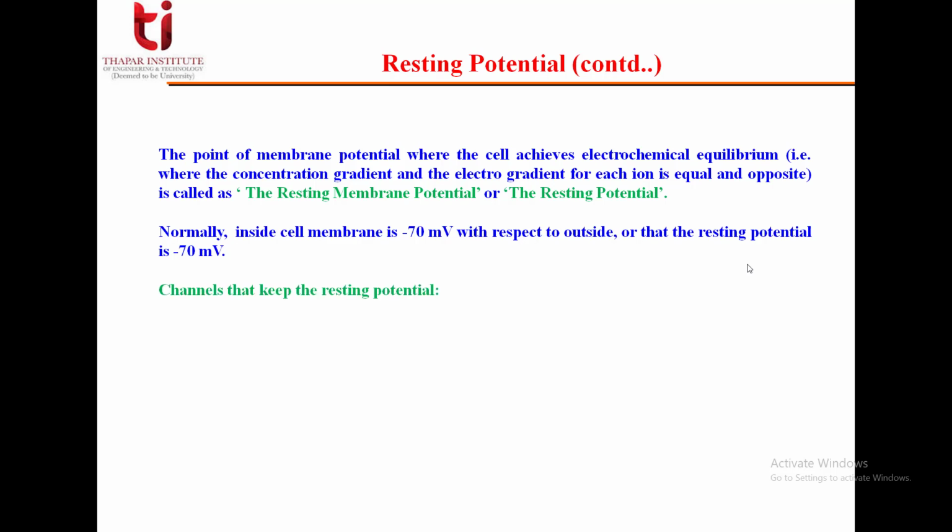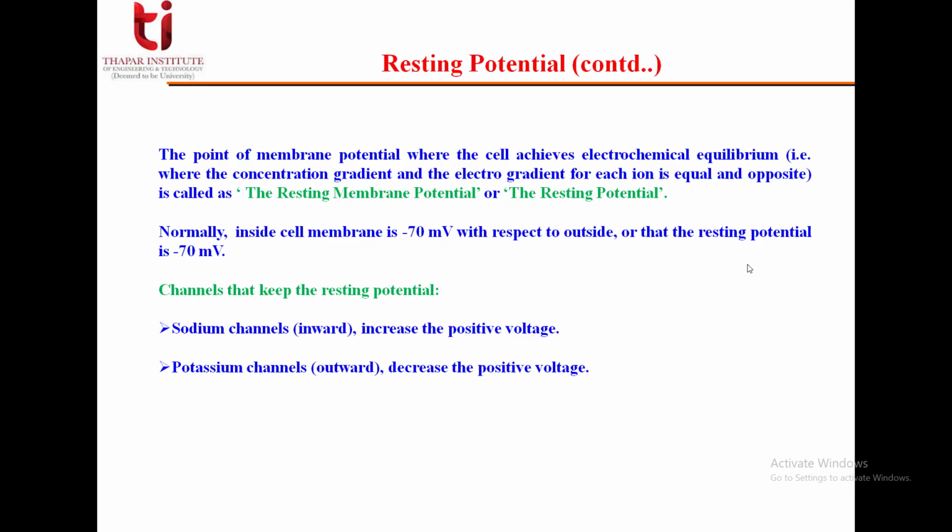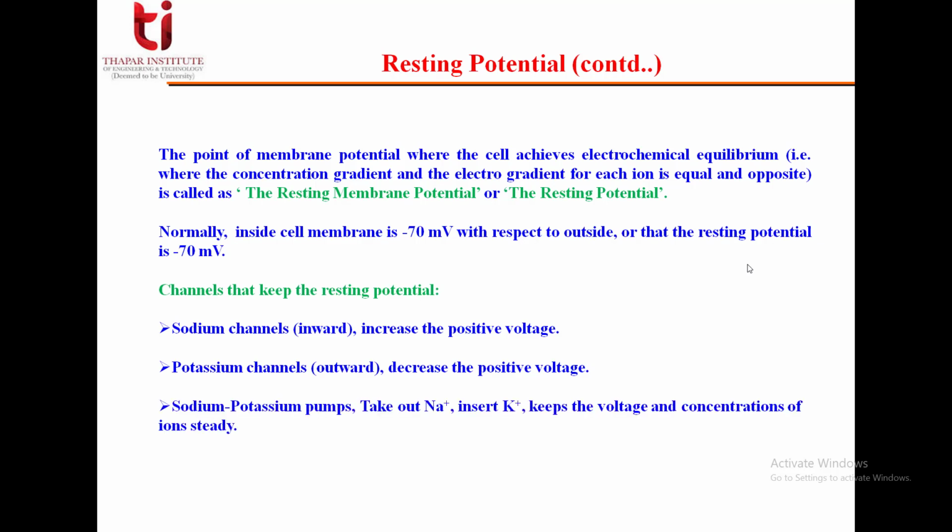Now, we have different channels which keep this resting potential. Sodium channels are inward in direction, and they increase the positive voltage inside the cell. We have potassium channels, whose direction is outward, so they decrease the positive voltage inside the cell. It makes it more negative if potassium flows outside.